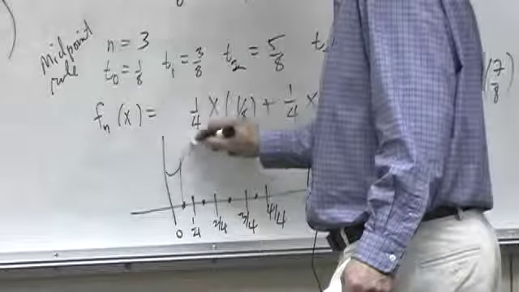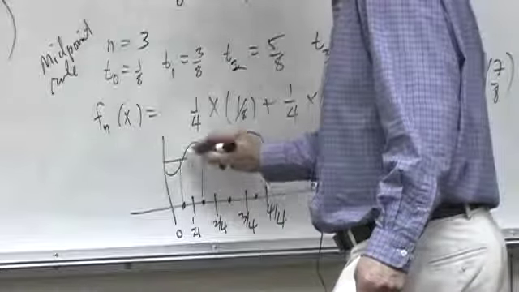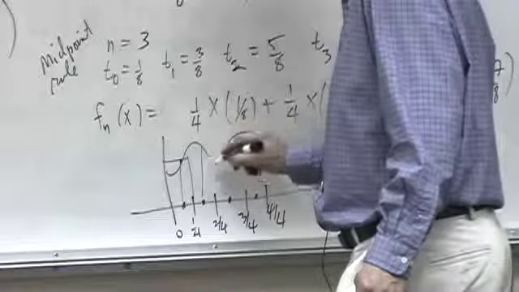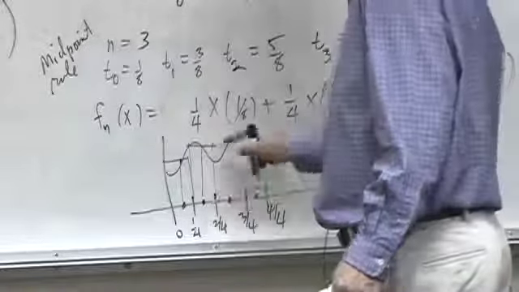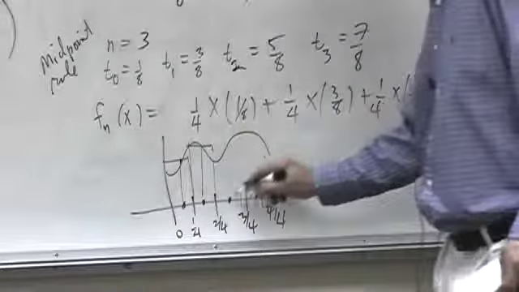And so then I'm getting these rectangles as the areas of these rectangles as the summands here.